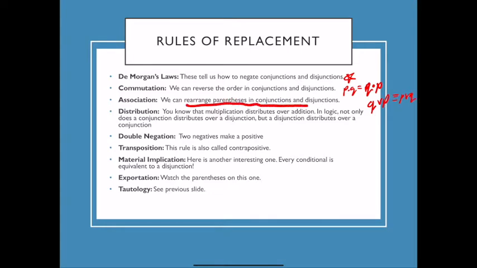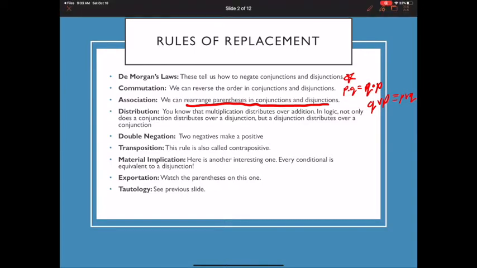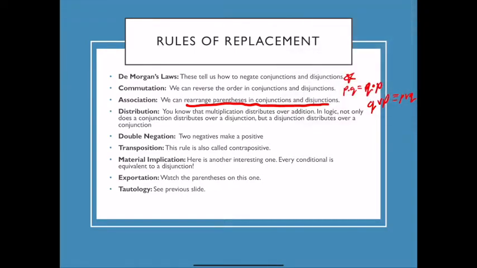We can also rearrange parentheses in conjunctions and disjunctions. I gotta get away from this red pen. There we go. Distribution is another rule where, just as multiplication distributes over addition, in logic, a conjunction can distribute over a disjunction and vice versa.